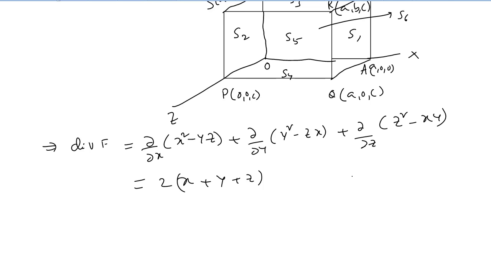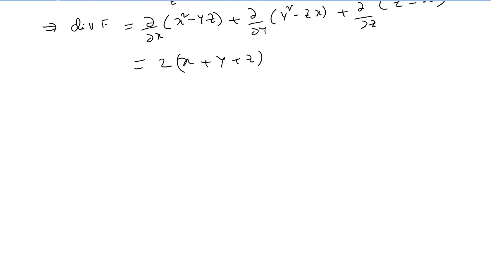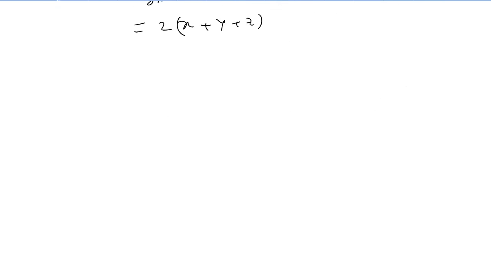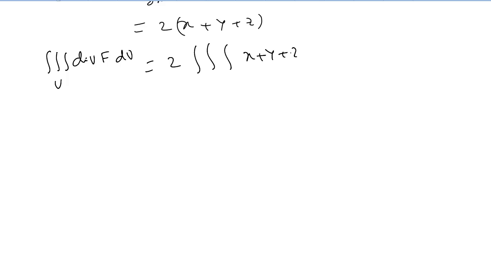After finding the divergence, we will find the triple integral. Triple integral of divergence of F dV equals 2 into triple integral of (x plus y plus z) dx dy dz. x is 0 to a, y is 0 to b, z is 0 to c, directly given.